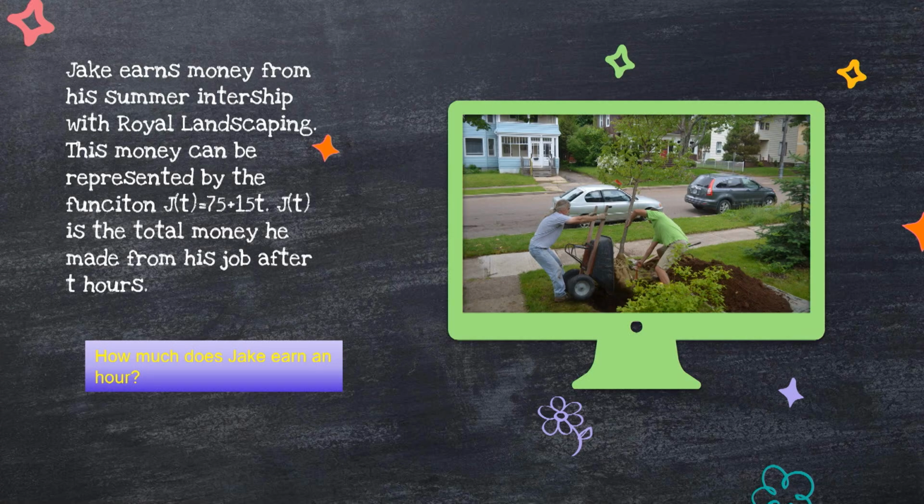Let's go back and look at this function. Obviously this is his original amount. t is the hours. So what is being multiplied to every hour? The 15 is. So I can say that Jake makes $15 per hour. Good job.